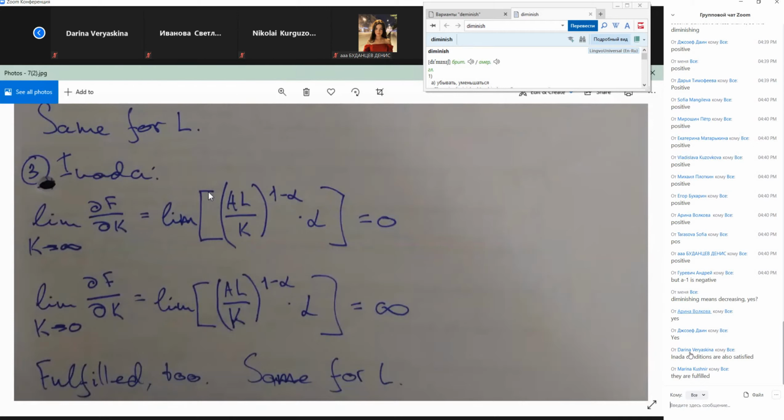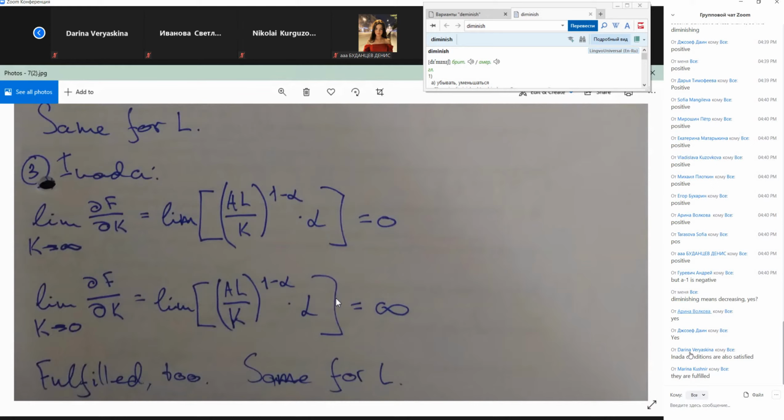Of course we cannot fit infinity anywhere, so that's why it's 0. And how many zeros can we fit into some level of AL? Of course 0 doesn't take any space, so we can fit as many zeros in this thing, and that's why here it's infinity. All right, so they're fulfilled.